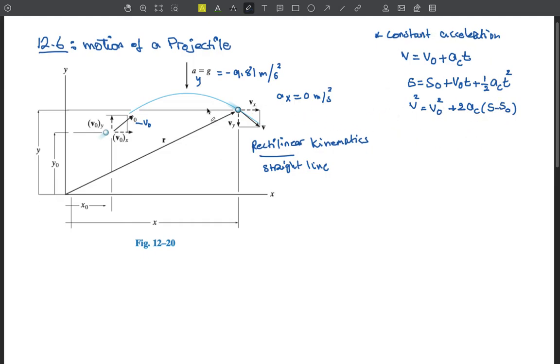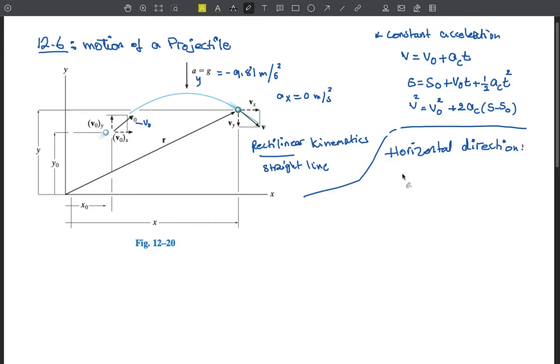As I said, we could break down our information into x and y components. So what if we start working with the horizontal direction?